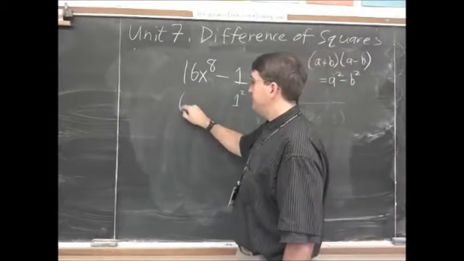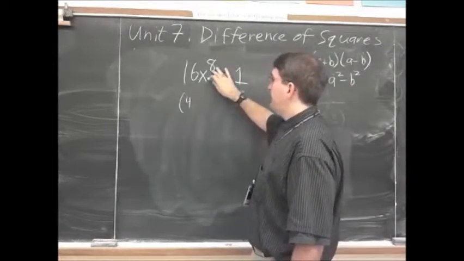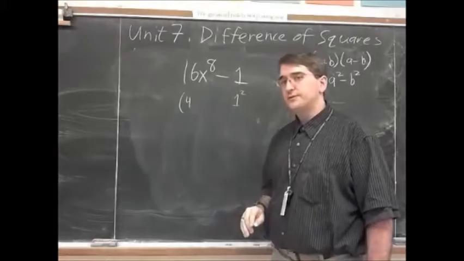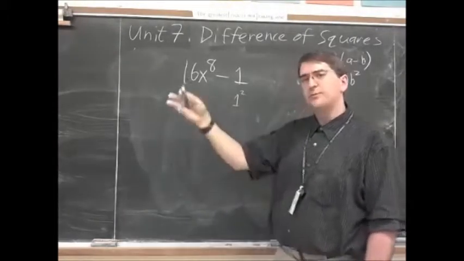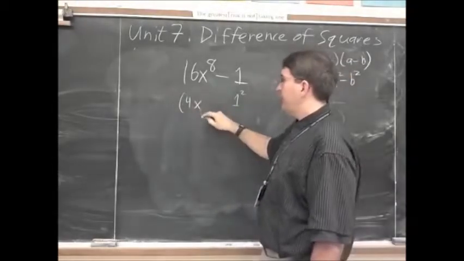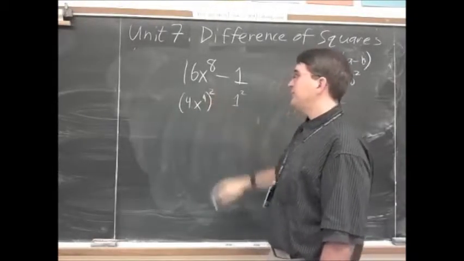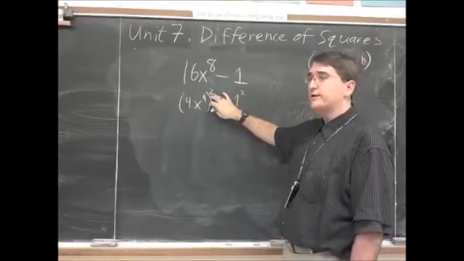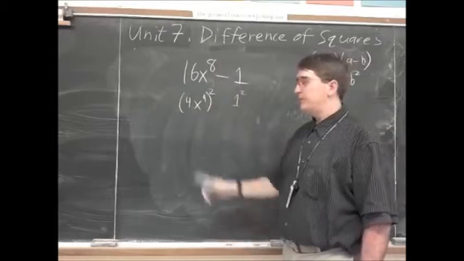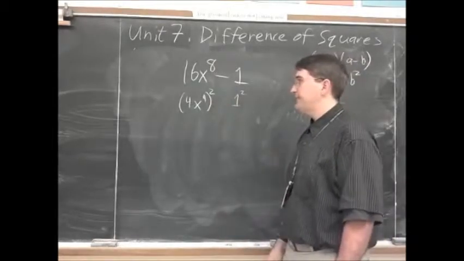Certainly 16 is the square of 4, but remember the exponent rules for powers and multiplying and things from previous units. That can be rewritten like this. If we have an x to the 4 inside a square, we would multiply the exponents to get that.